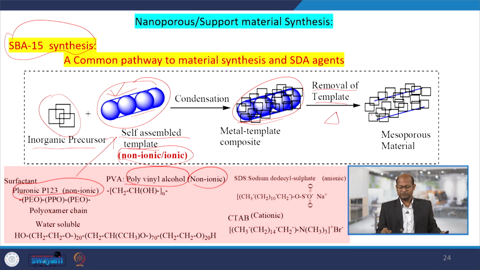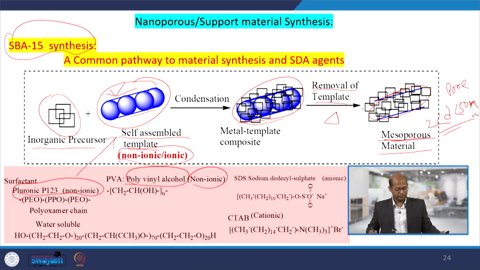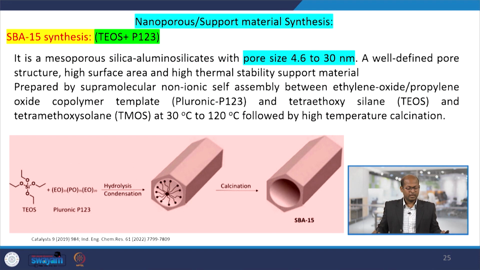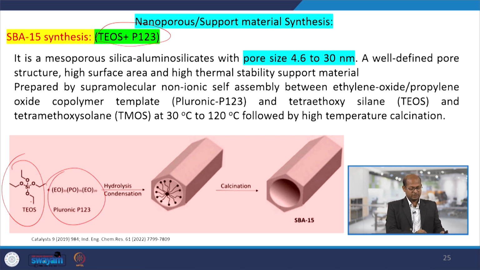Okay, if we heat up, then only the inorganic structures remain, with the formation of pores of 2 to 50 nanometers in diameter. So, this type of material we can prepare this way. Here you can also see the same thing shown. Here P123 and TEOS we have taken.